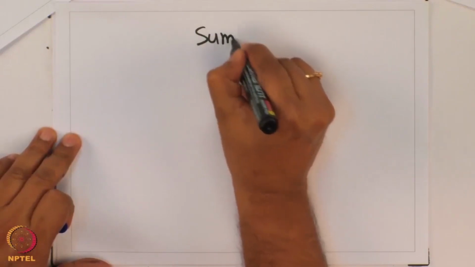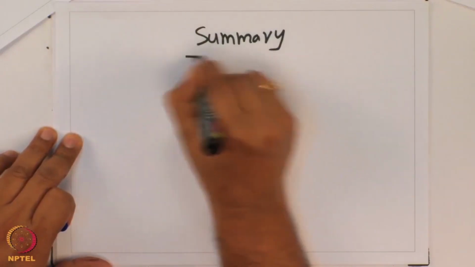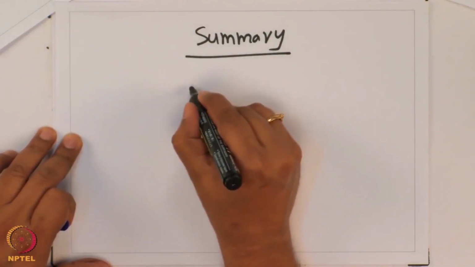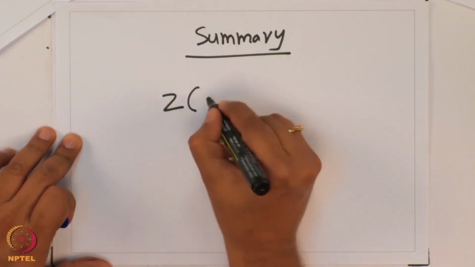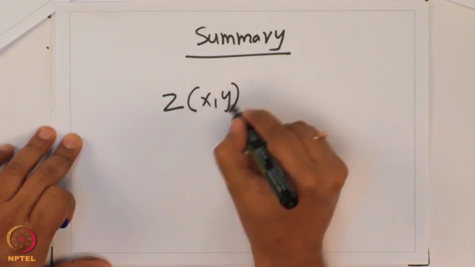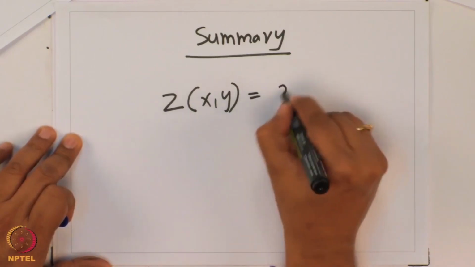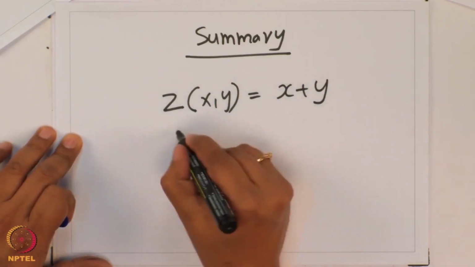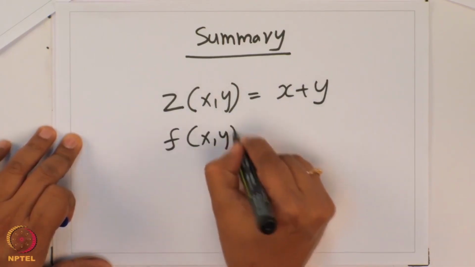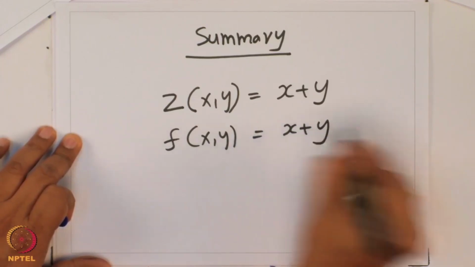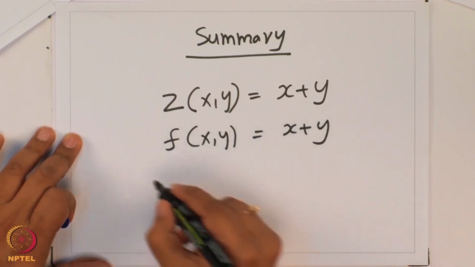So I will just summarize what we discussed so far today. We had some function z, which is a function of x comma y, the simplest thing we said, or f of x plus y, or any other function that we can write.